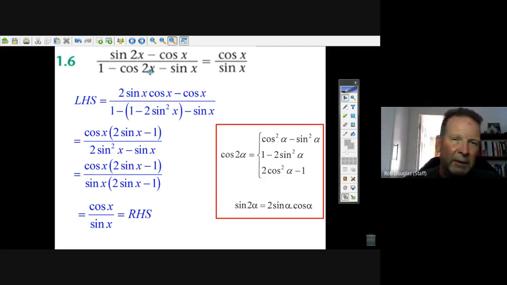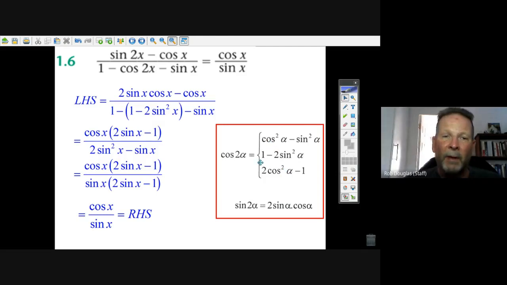But then it comes to this cosine 2x, and you've got 3 different things that you could do. But you look at this 1 here, and it kind of tells you what to do. Because if you could subtract 1, then that would cancel, and you'd lose a 1 from one of these things, and the whole thing would just get simpler.